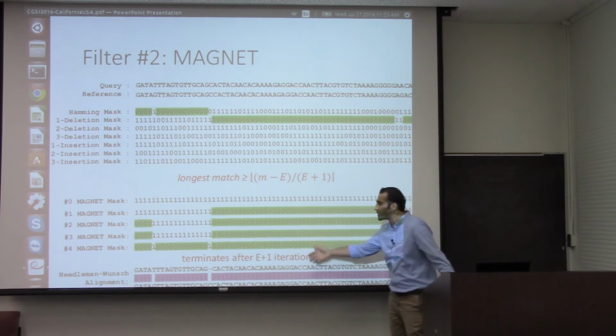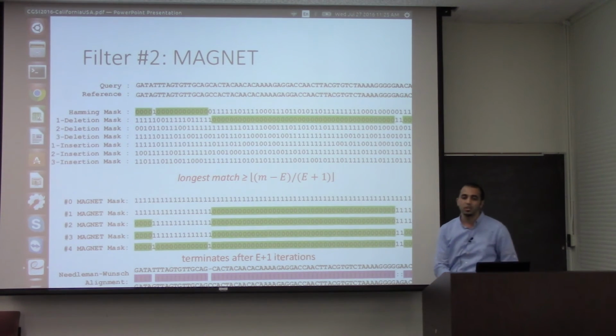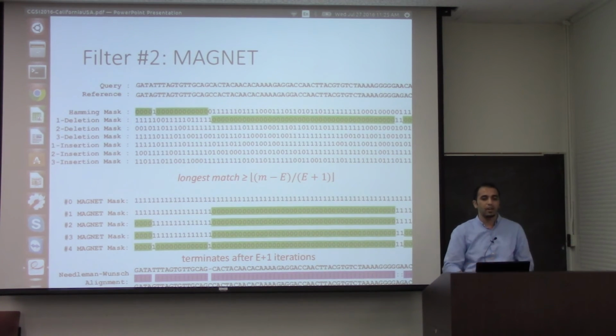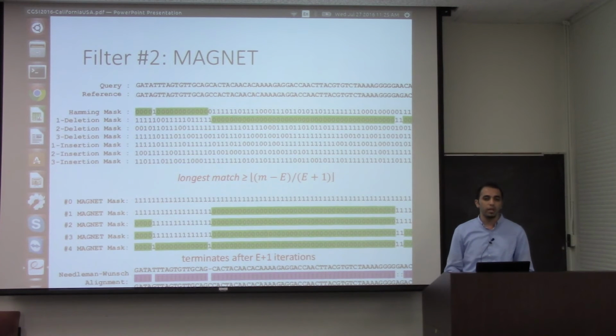And we iterate this process, extracting the long matches e+1 times, because if you have a single error in the middle, it's like dividing the sequence into 2 segments. So that's why e+1 will guarantee that you will collect all the long matches everywhere.